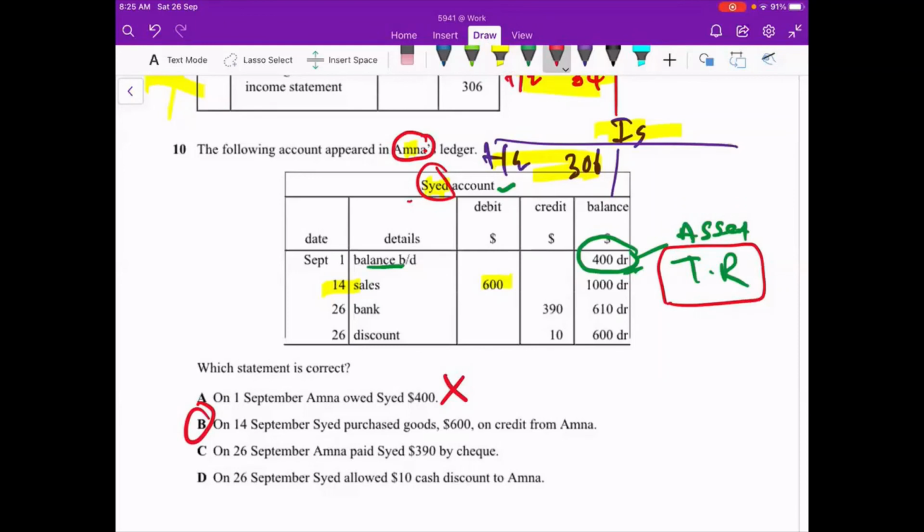No. Said's account reduced means Said is the one who paid Amna. So C is wrong. On the 26th September, Said allowed. No, Amna is the one who allowed. So all these are wrong statements. So the answer is B. Okay, these are the 10 questions. That's the first set; maybe in two days I will do another 10 questions. Okay, you do revision. Any problem, you can WhatsApp me. Thank you so much.